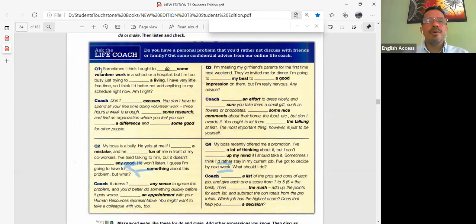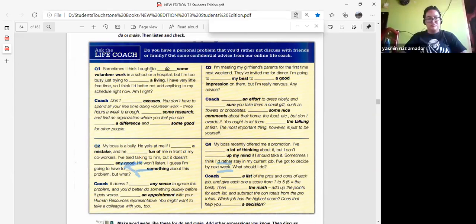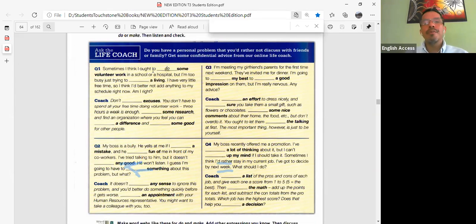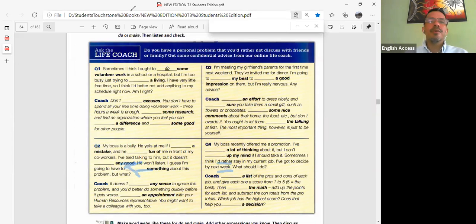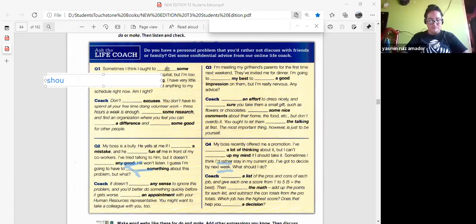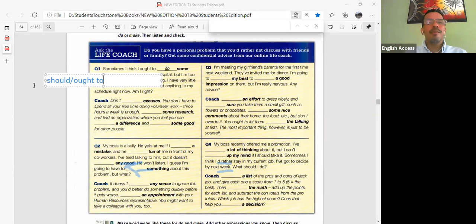I ought to do some volunteer work. Should and ought to are very similar. Ought to is not very common. It's very informal. So we prefer to use should, right? That one is more common than ought. These two are very similar.